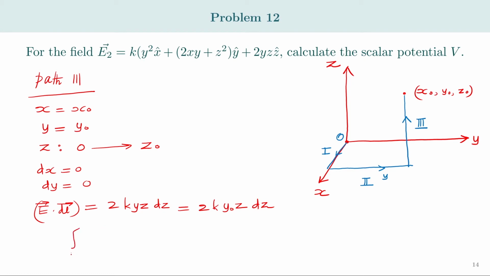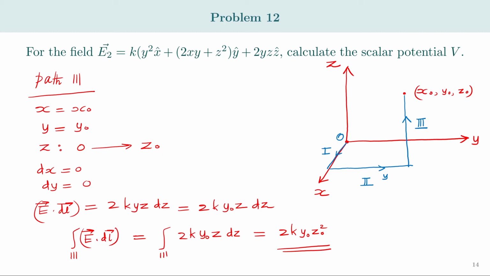And when we calculate the line integral for path 3, this will be equal to the integral of 2k y0 z dz, which is equal to k y0 z0². So we have calculated the line integral for the 3 independent paths.